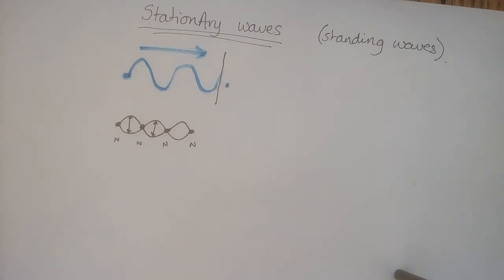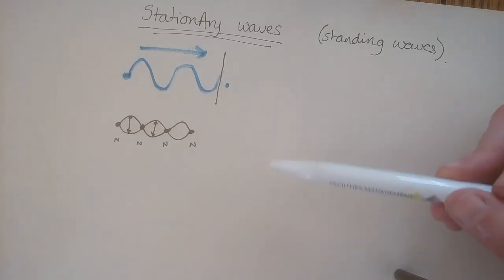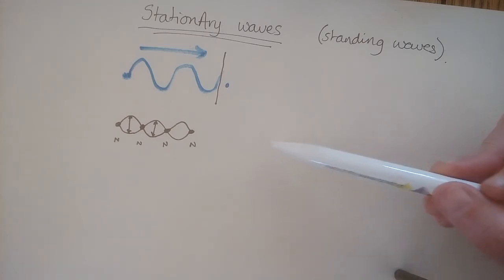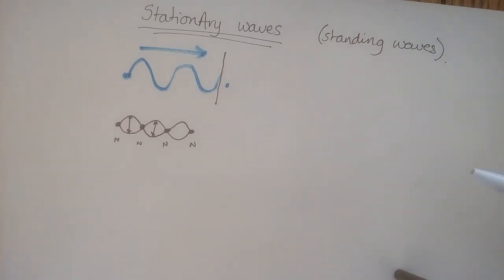Now, when you get a stationary wave, you can work out the wavelength, and hopefully you'll have done this at GCSE and seen an experiment where a vibration generator goes up and down, transmitting waves along a bit of rubber piping or a string, and you can see the pattern.